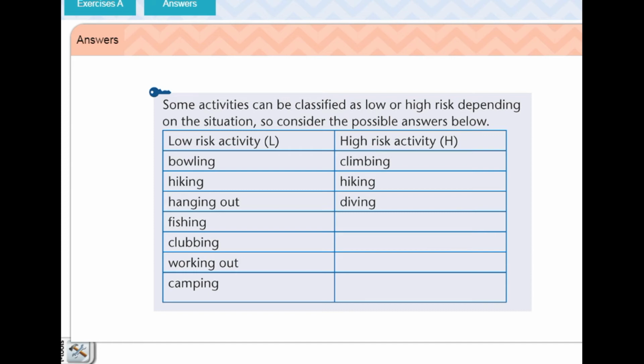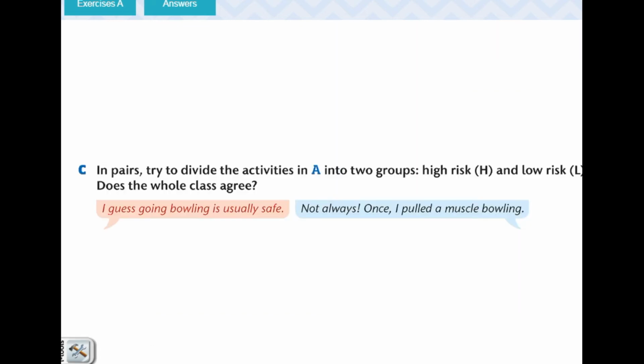So let's check here. We have bowling, hiking, hanging out, fishing, clubbing, working out, and camping as low risk activities. But climbing, hiking, and diving, they mean they are high risk activities, right? So you can have serious accidents and die, right?